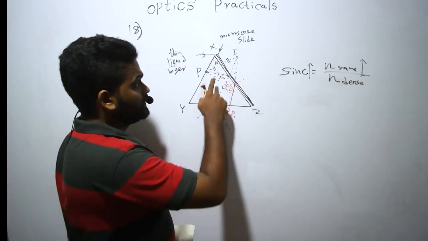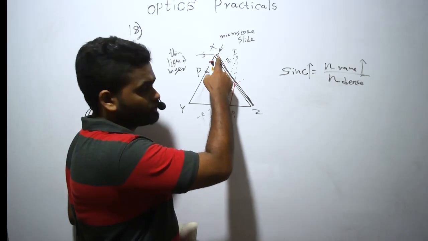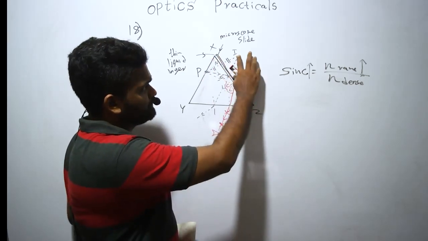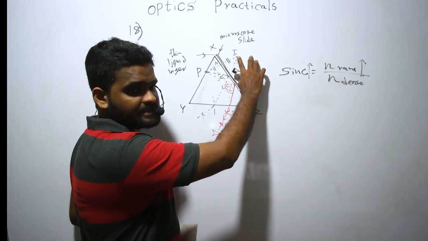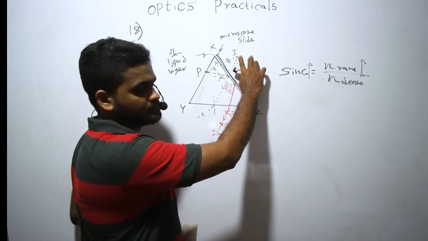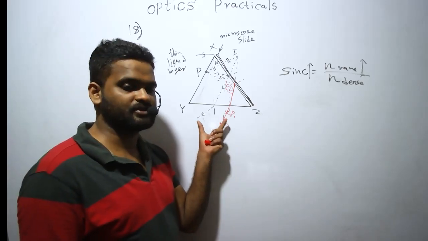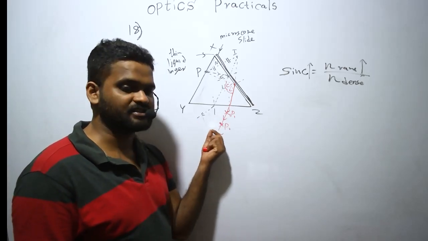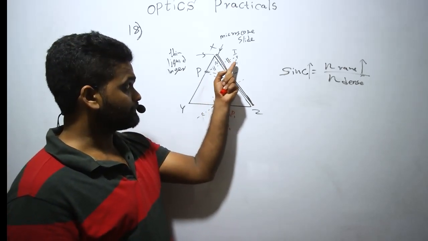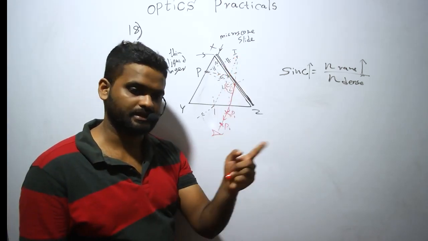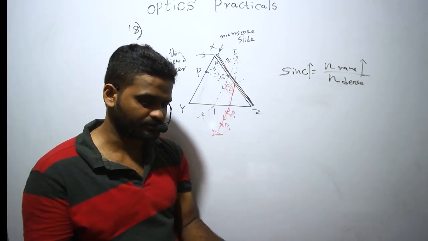Understood? For the previous case, when there is no liquid layer, and when there is a liquid layer, the position of capital I is at the same place, right? Get it? But the final image position changes. But this position of I does not change, right? In the exam, they ask questions from that.